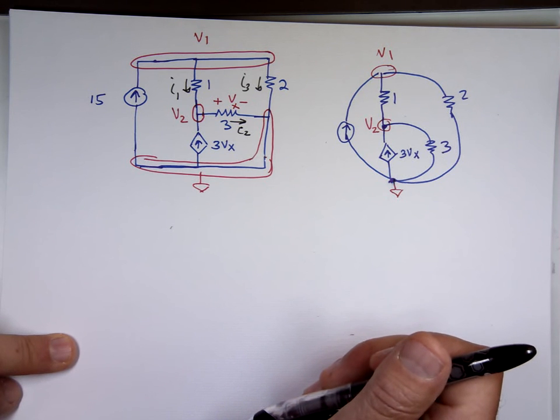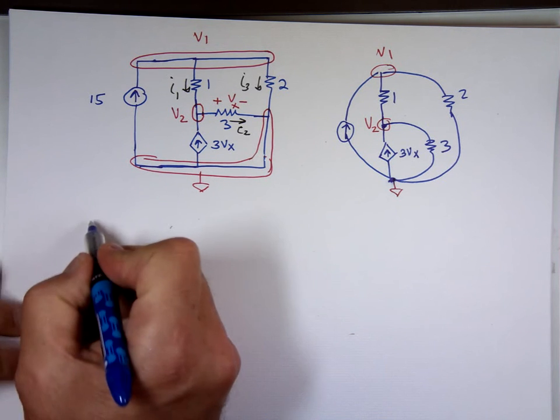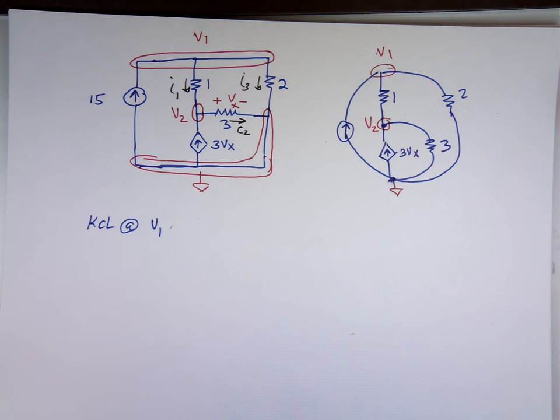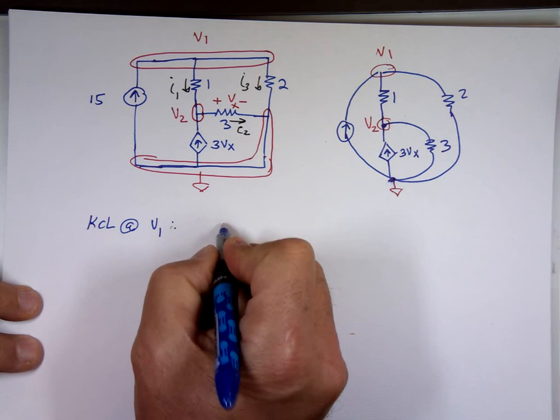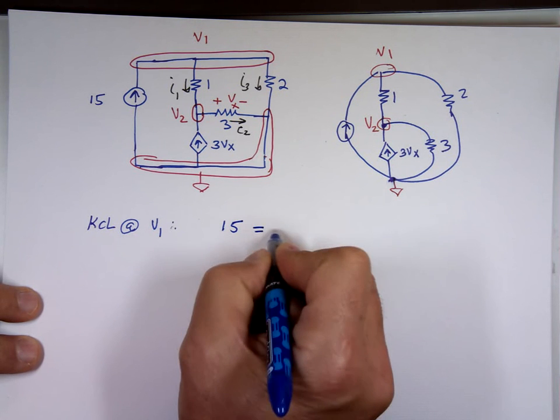I wasn't even thinking. So KCL at V1. What is going in there? 15. What's leaving? And 3.